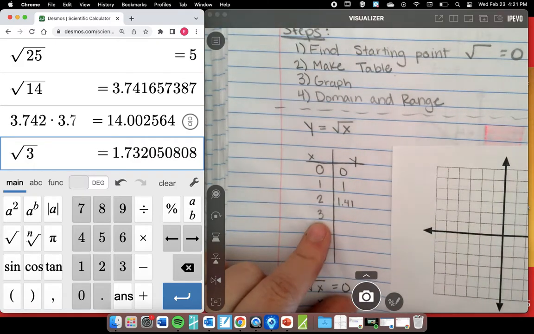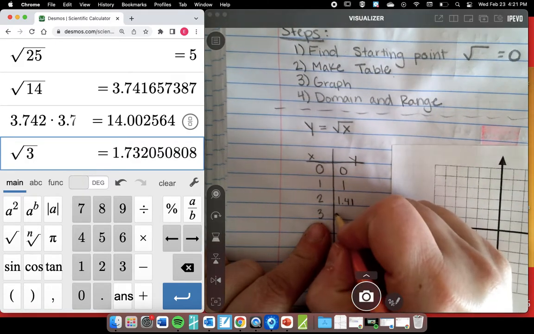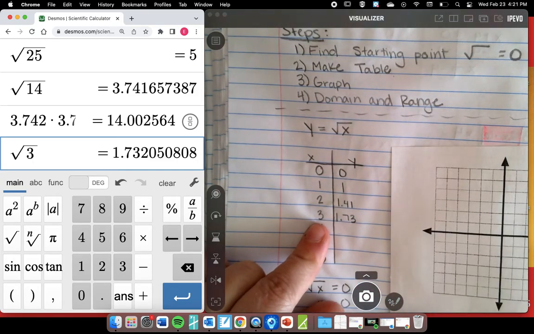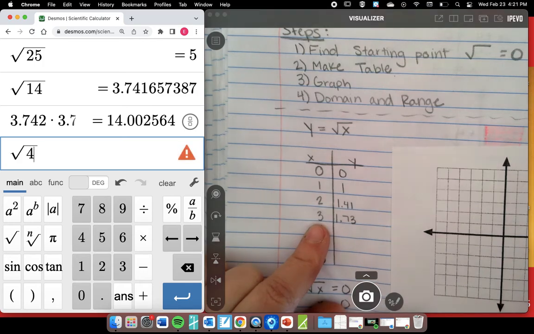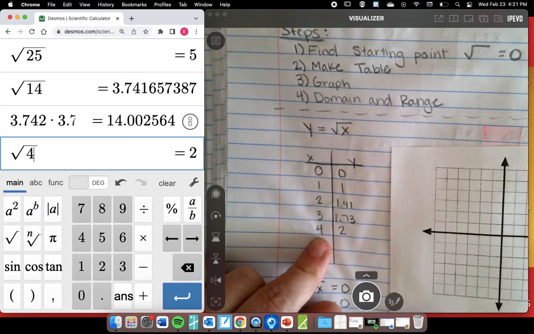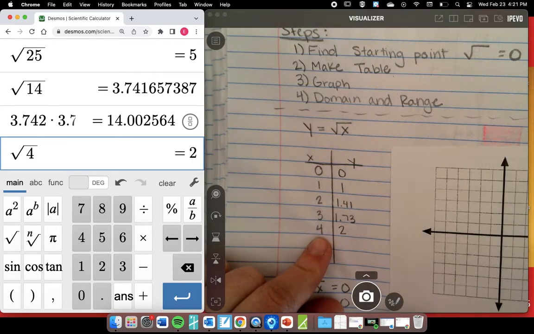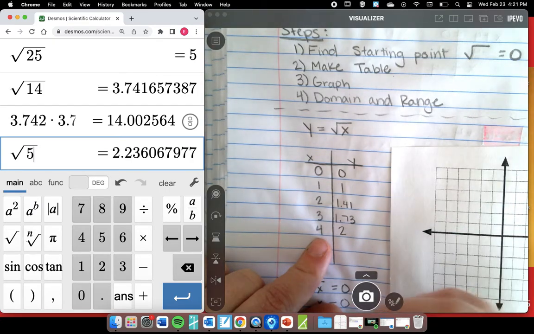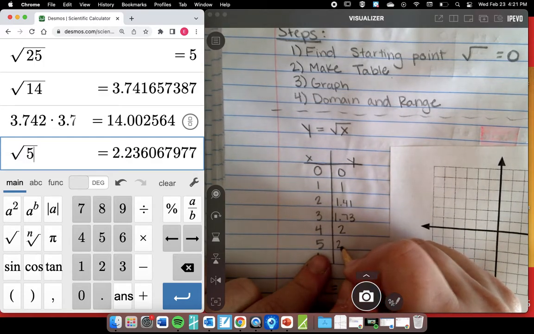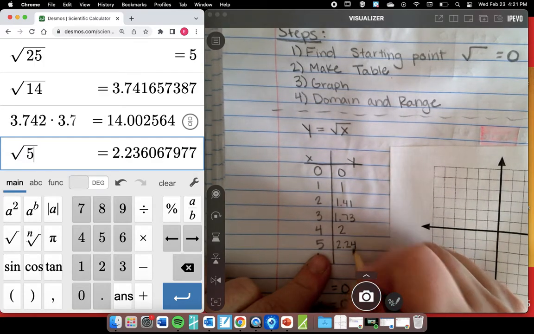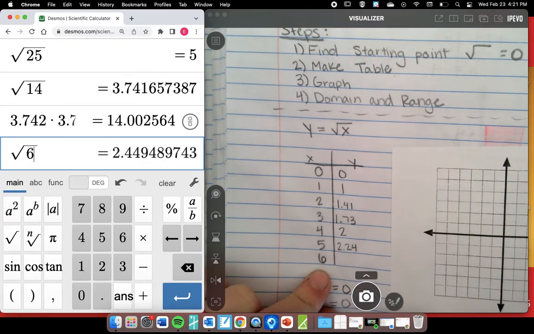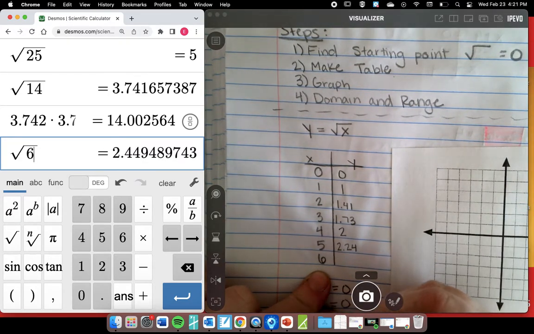The square root of 3 is 1.73. The square root of 4 is 2. The square root of 5 is about 2.24. And the square root of 6 is 2.45.